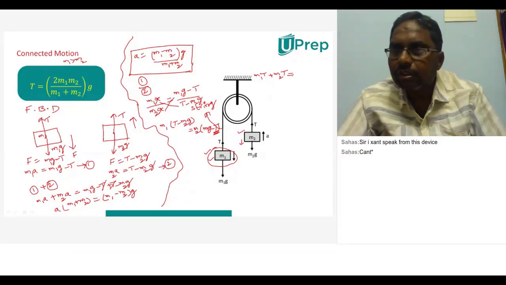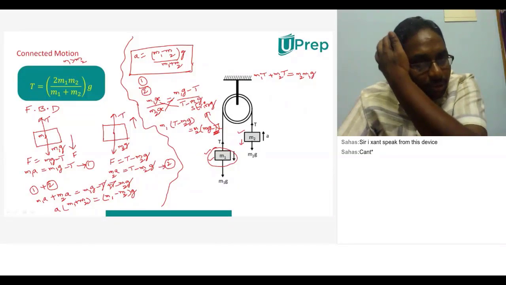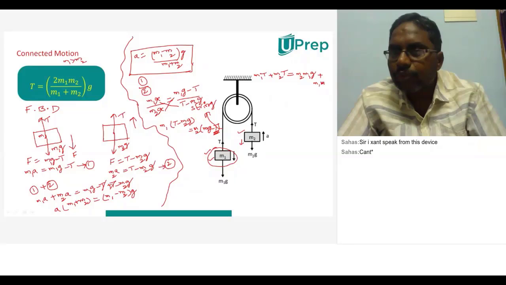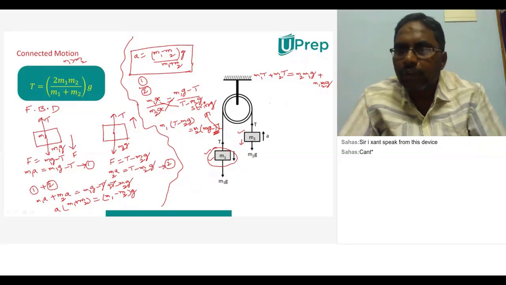Observe carefully. M2M1g. Next, minus M1M2g is there, so from the left side it is coming again, M1M2g. Now can you take T common here? If you take T common, what will be there?